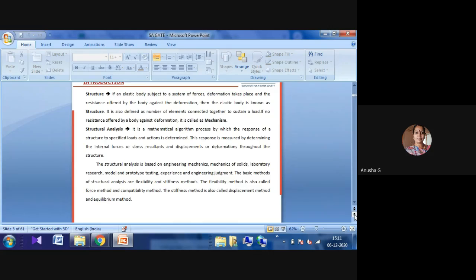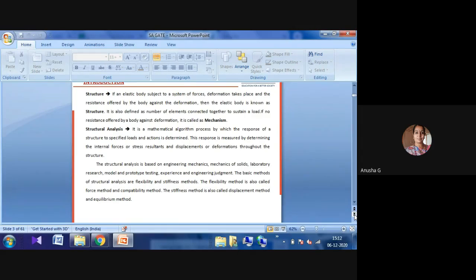A structure has a system of forces acting on it, some deformation takes place, and the body resists that deformation. The number of elements connected together to sustain a load, with no resistance offered against deformation, is called a mechanism.